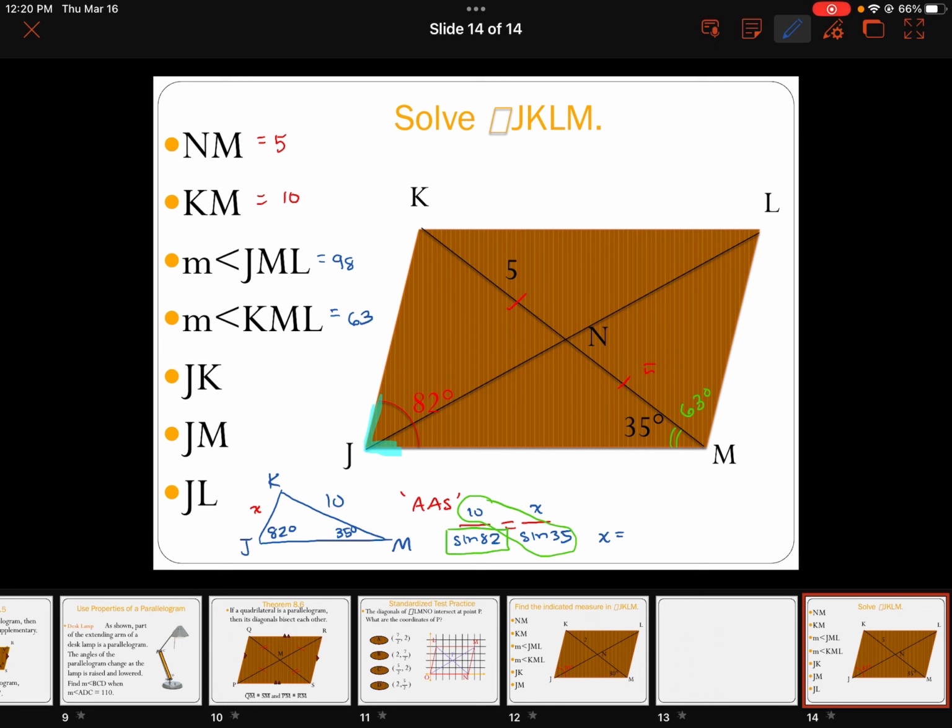Looks like 5.79. Okay, no, that's not exact. That's a rounded answer. So we don't want to use that rounded answer to calculate something else. How far would it be from J to M?